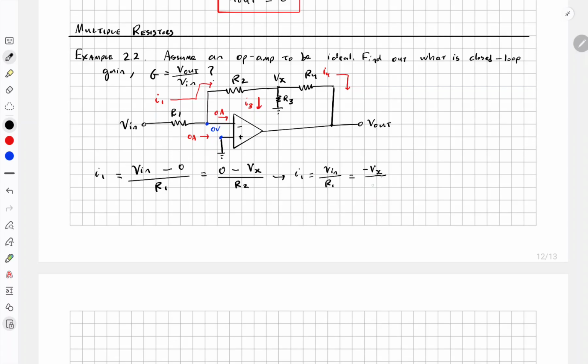Now, since we are solving for what is V out divided by V in, clearly we are finding some kind of voltage relationship.